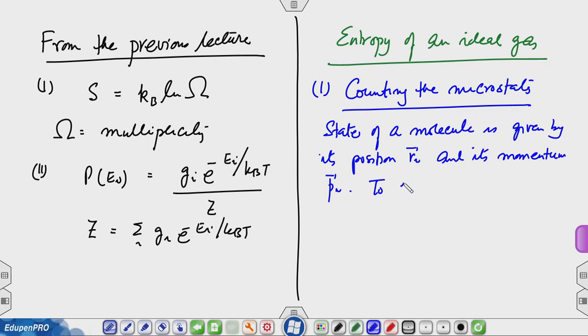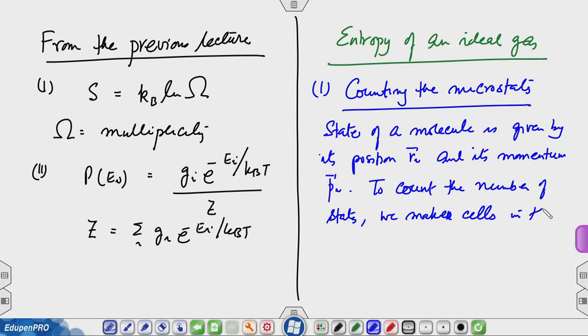So, to count the number of states, we make cells in the phase space. Review this from physics 102.